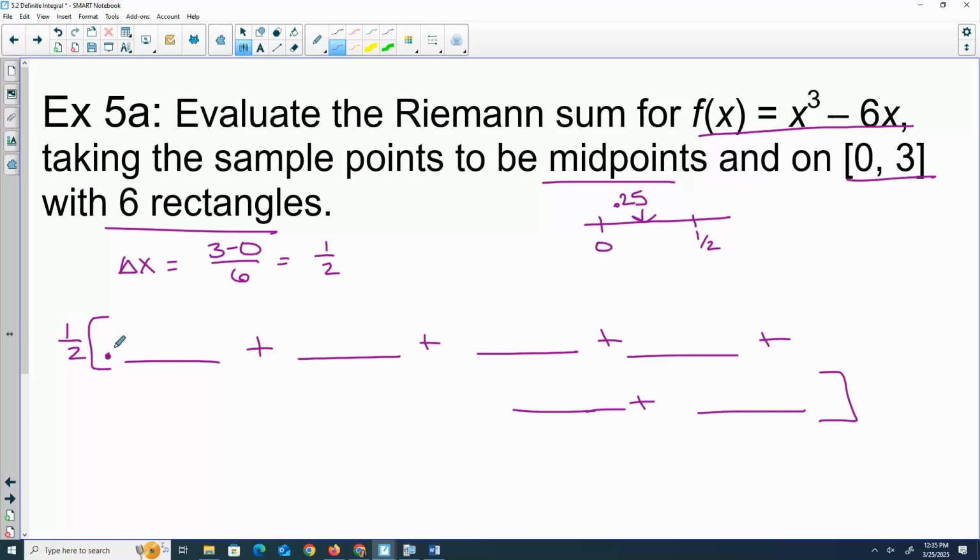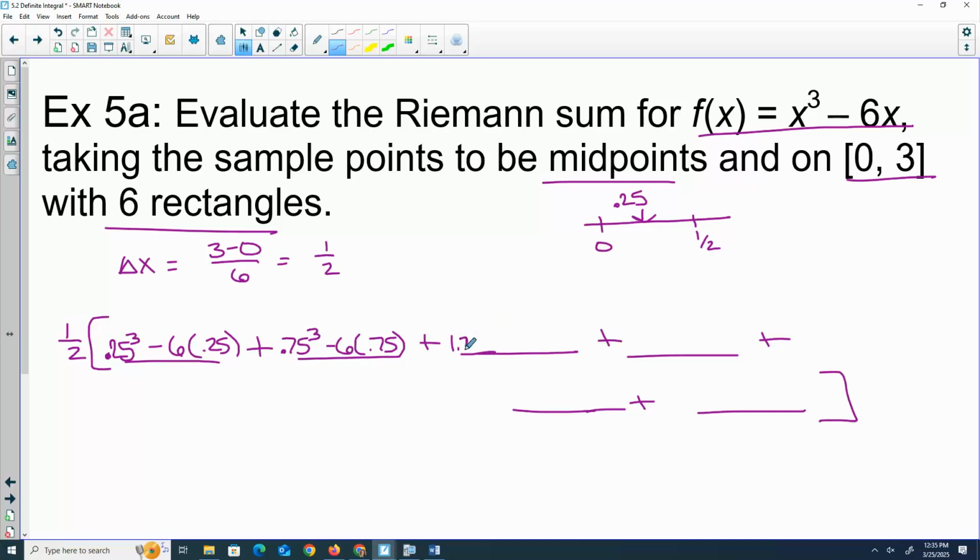So that's the x we're plugging in, into the equation, so 0.25 cubed minus 6 times 0.25. But how much do I add to get to the next one? 0.5. Yep, you still add a half, or 0.5. So 0.75 cubed minus 6 times 0.75. You're welcome to do decimals if you prefer.